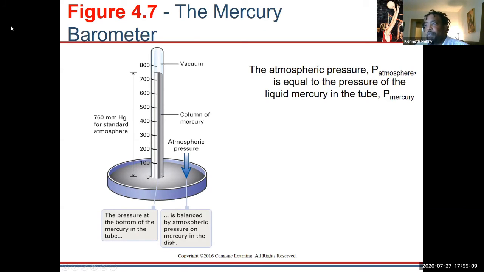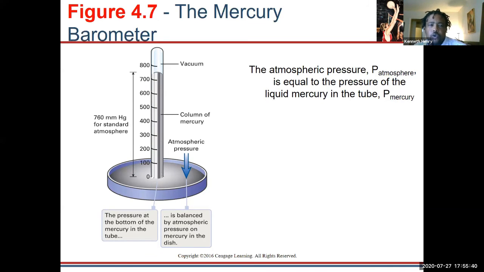So this is a mercury barometer. The way a mercury barometer works is that the atmospheric pressure is pushing down on the mercury. The mercury is then being pushed into the cylinder, right? The cylinder has a vacuum, so there's no air in there. So then it will move up this cylinder, and by measuring the distance that it moves up, that gives us an idea what the pressure is.